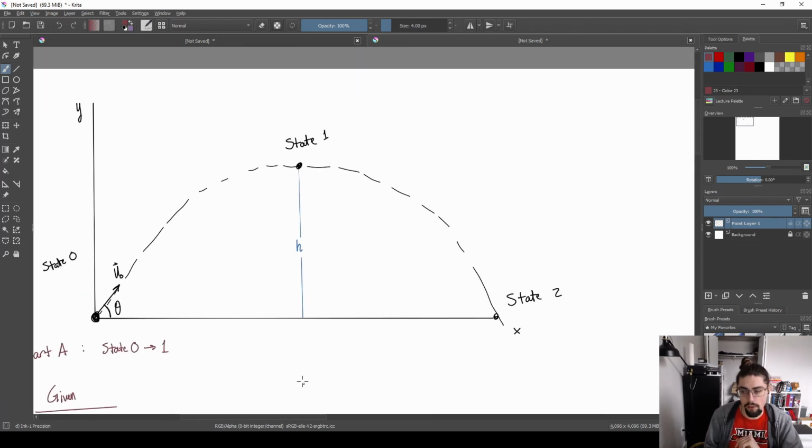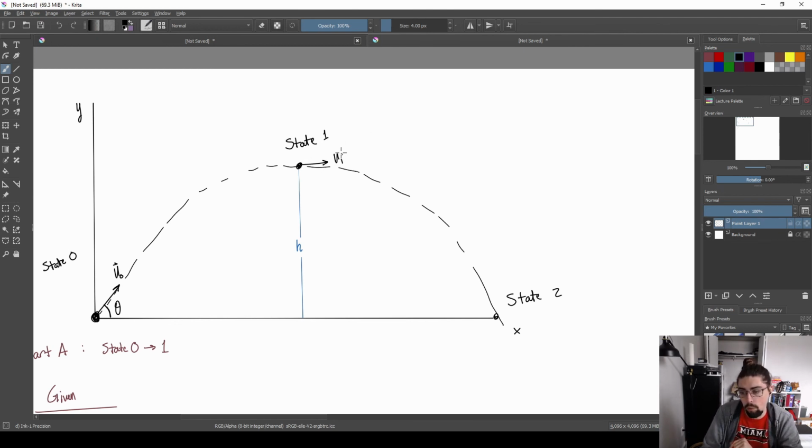Think about what happens at the very top of the arch here. At the very top of the arch, even if we just toss the thing right up in the air, not even launching it off at some angle, just toss it up in the air, at the very top, we stop, then we fall back down. That stop is where our y velocity is 0, but not our entire velocity, because we can kind of see from our picture here, at this top spot right here, our velocity would look something like this.